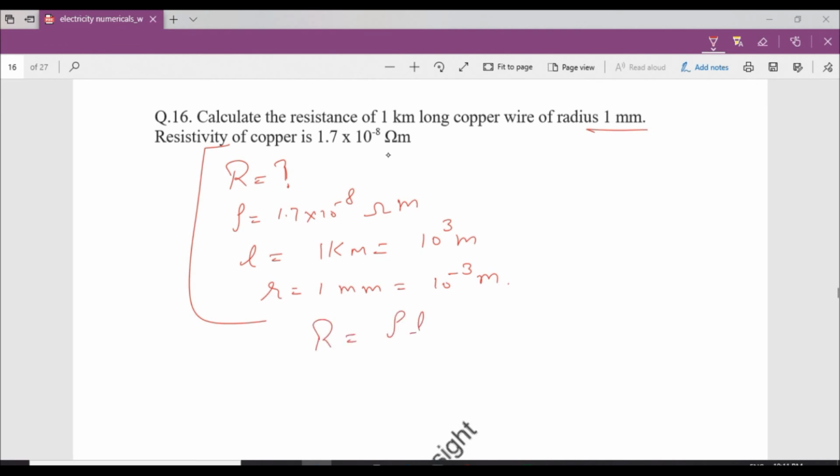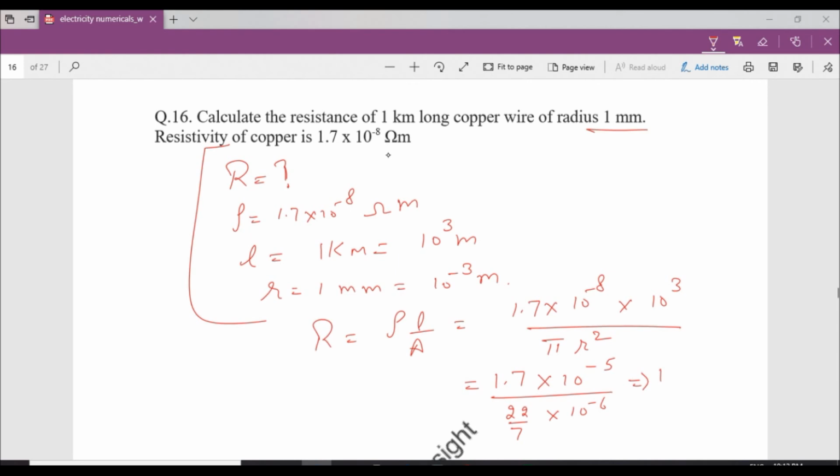All these things we can evaluate from R equals rho L by A. Resistivity is 1.7 into 10 raised power minus 8, length is 10 raised power 3 meters, and area is pi r square. So 1.7 into 10 raised power minus 5 upon 22 by 7 into r square, which is 10 raised power minus 6. So it will be 1.7 into 7 by 22 into 10.